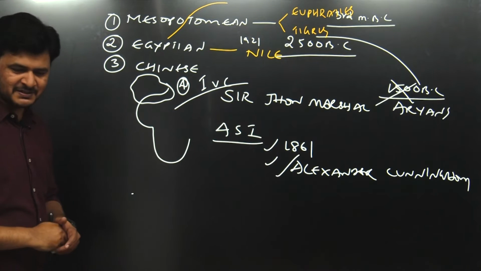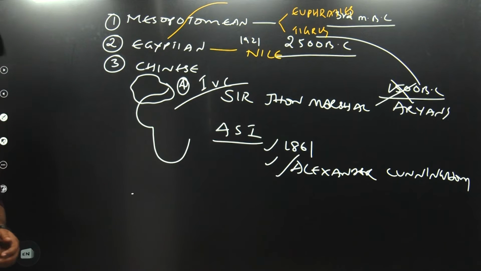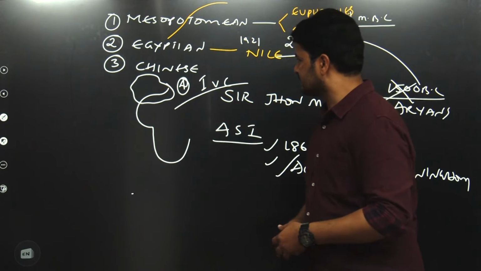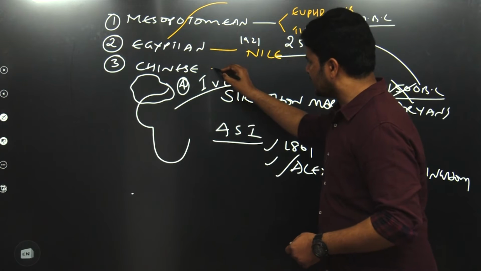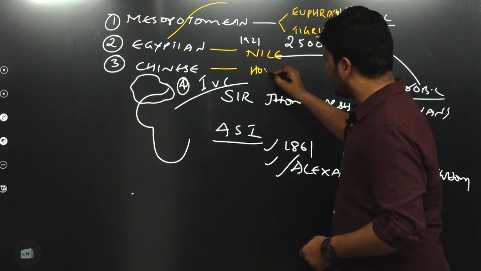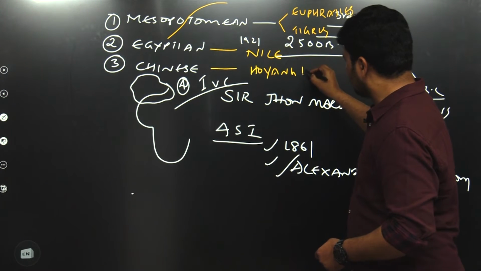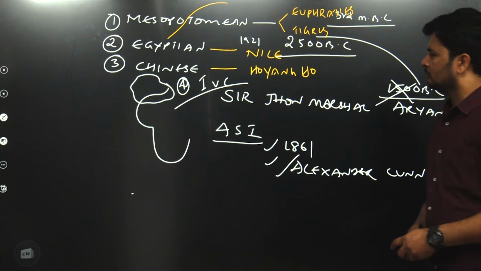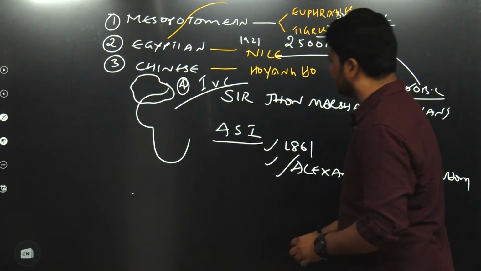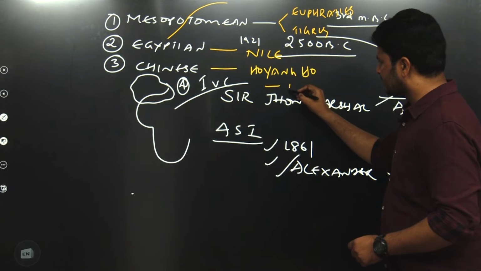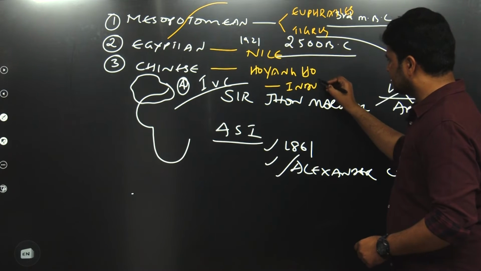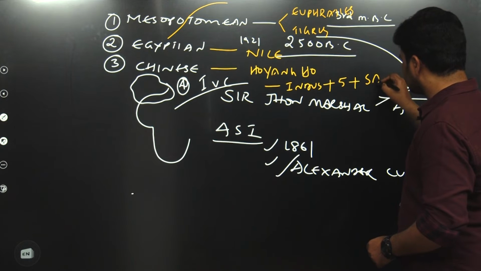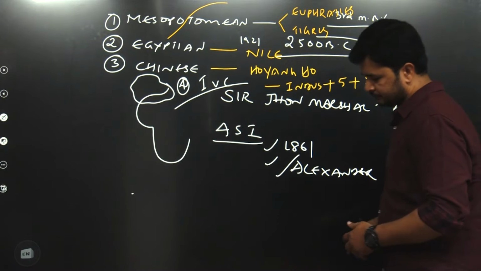When it comes to Egyptian civilization, on the banks of which river? Response is important. Nile, please. On the banks of the river Nile, Egyptian civilization. And when it comes to Chinese, Hoyang Ho, please. Chinese civilization. Then how about Indus Valley? On the banks of the river Indus and her 5 tributaries and Saraswati.